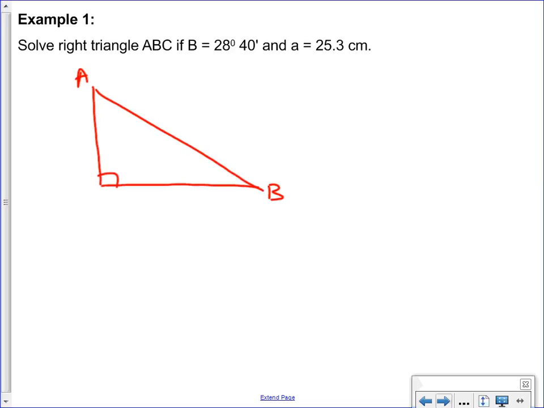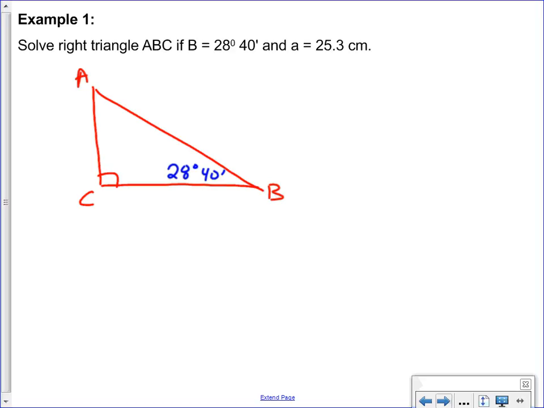Usually C is the right angle, unless otherwise specified. So angle B is 28 degrees 40 minutes, and side a is 25.3.